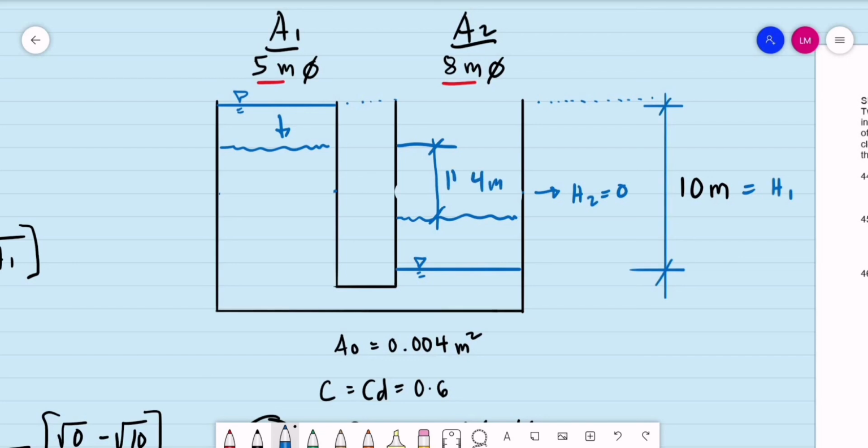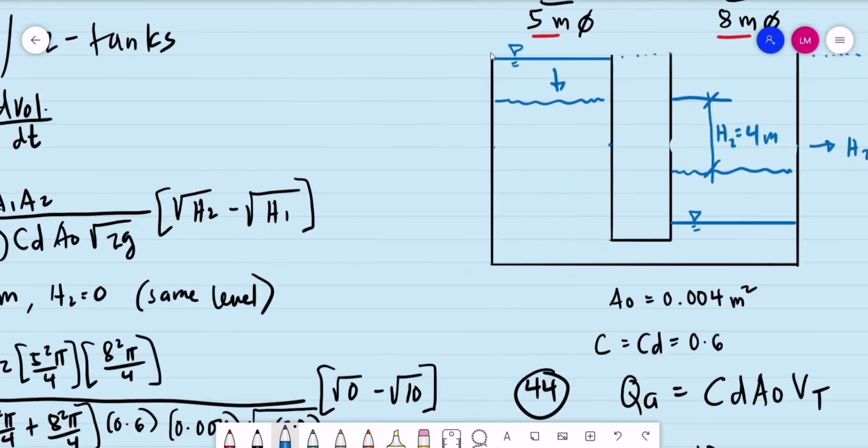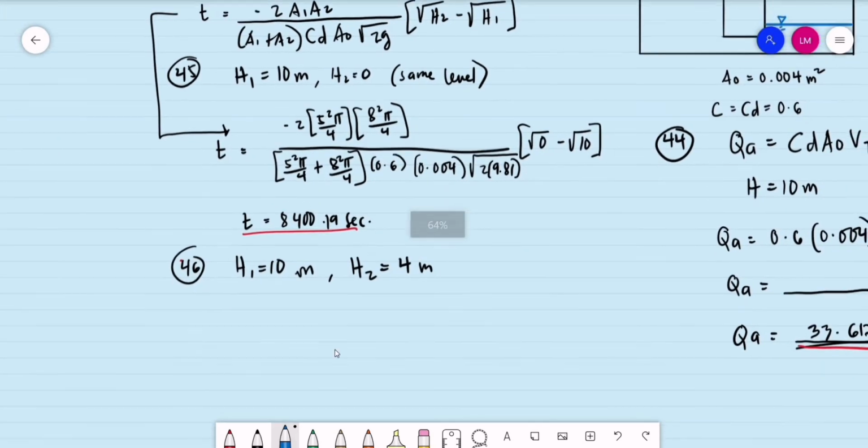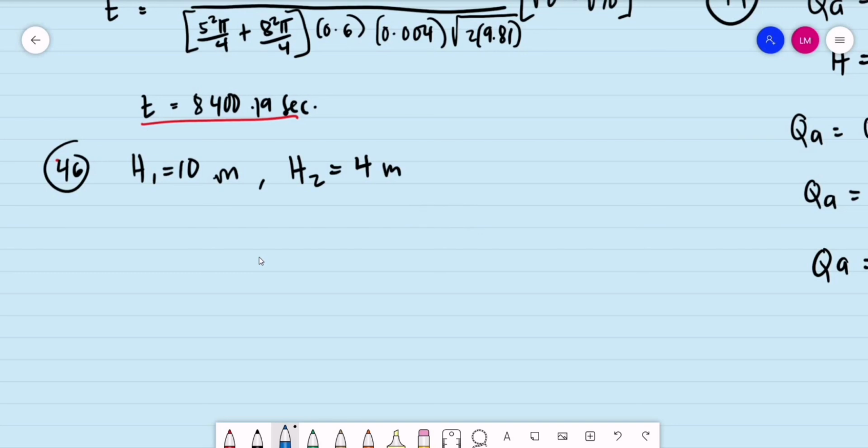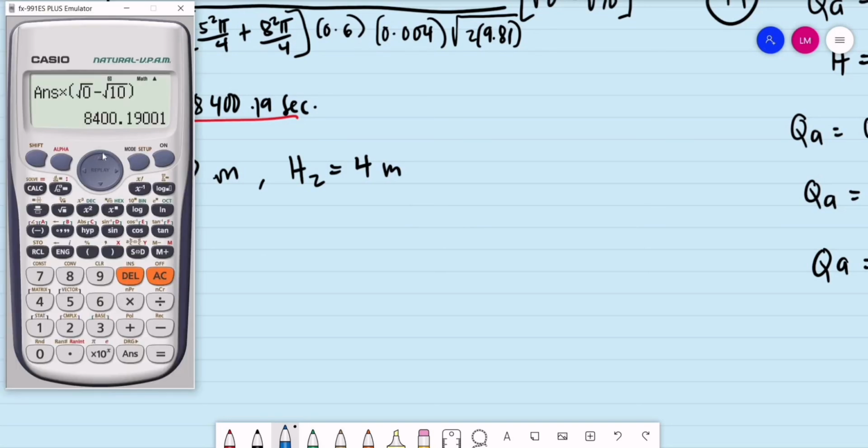Yun yung ating final head. Again, take note na pag sinabi nating head, yun yung difference in elevation between the liquid surfaces. So, ang mangyayari dyan is, ang final head natin will be 4 meters. Okay, so edit lang natin yung mga values.